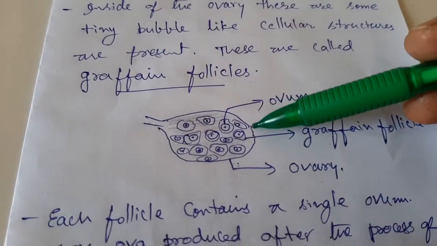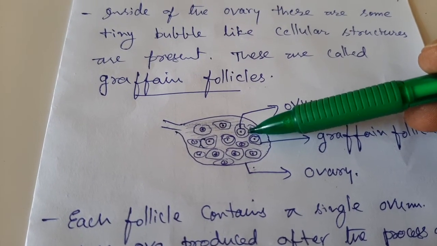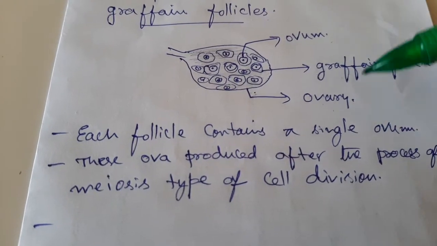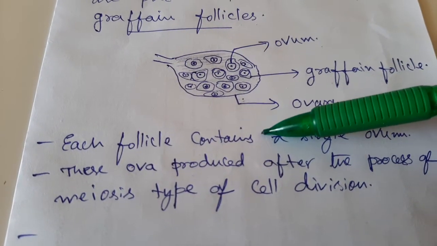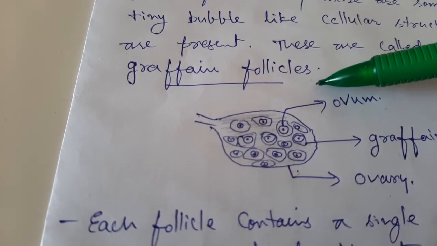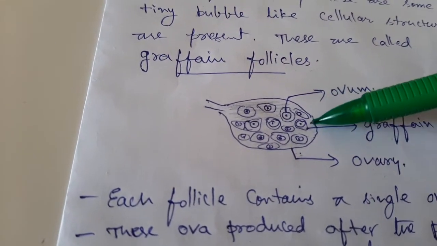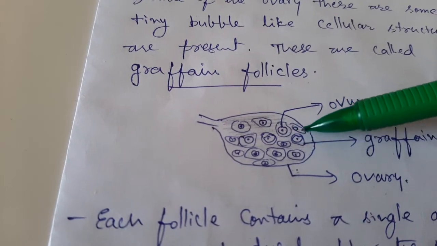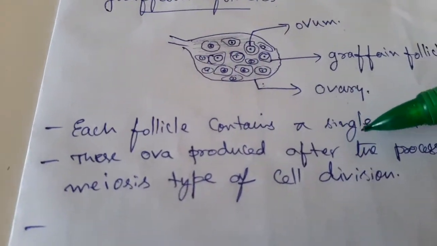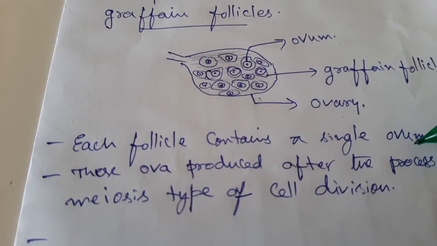And observe, inside each Graafian follicle, there is an ovum. So each follicle contains a single ovum.